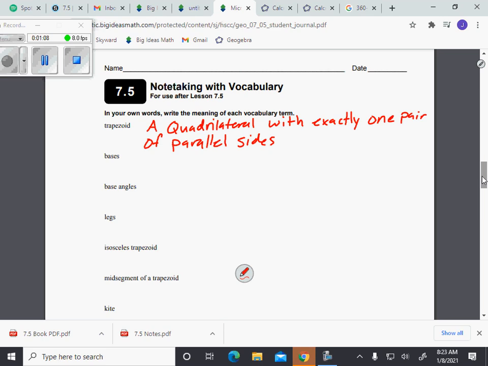Okay. Those parallel sides, these parallel sides are the bases.